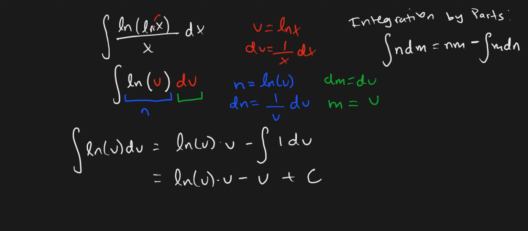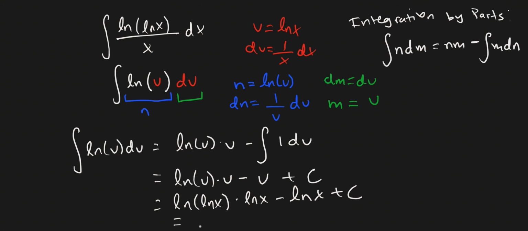But remember, the answer was in the x variable, so we need to convert this back to x. That's quite simple because we had u equals the natural log of x. So this is equal to the natural log of x times the natural log of x, minus the natural log of x, plus c. Lots of natural logs here.